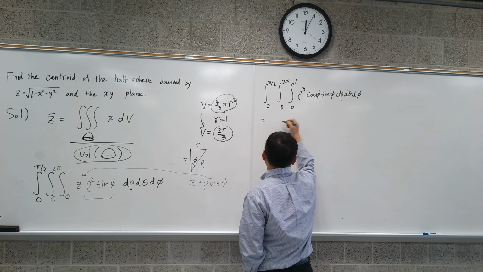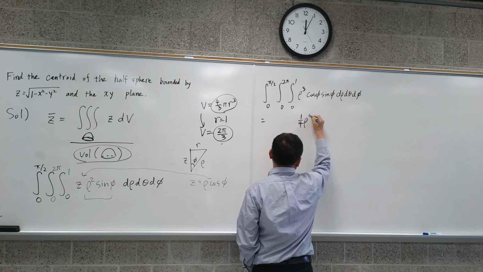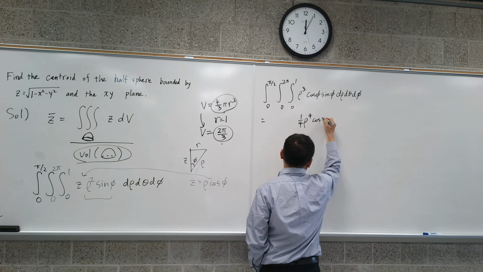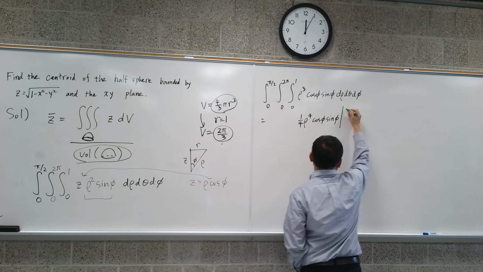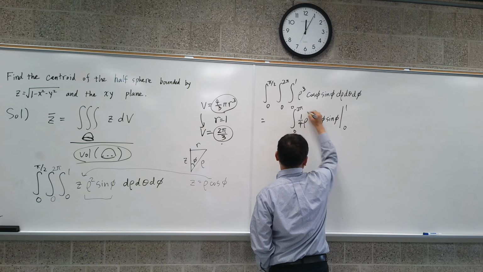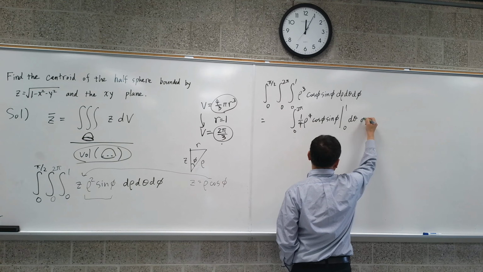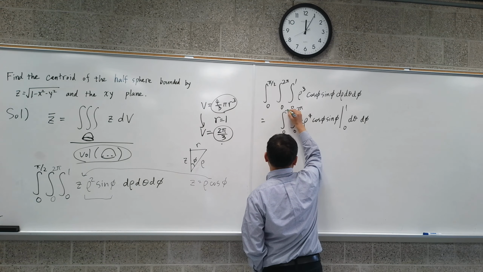Rho cubed integrates to 1/4 rho to the 4th, times cosine phi sine phi, and you plug in 1 and 0, then integrate over theta from 0 to 2 pi, and phi from 0 to pi over 2.